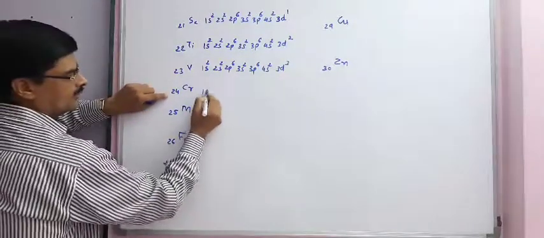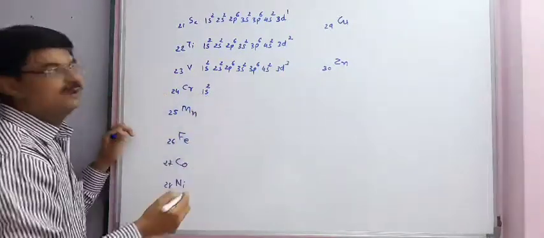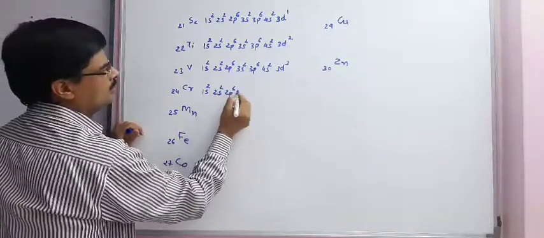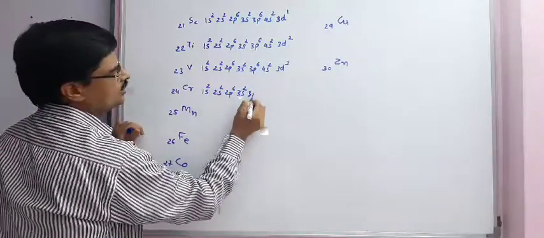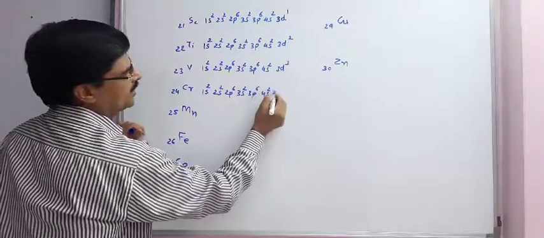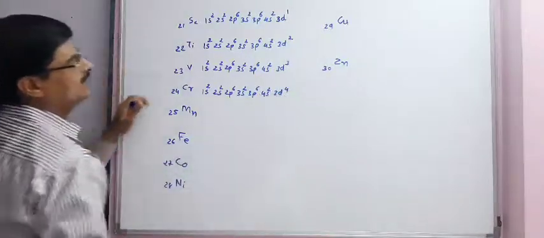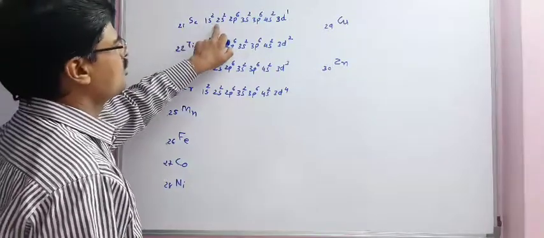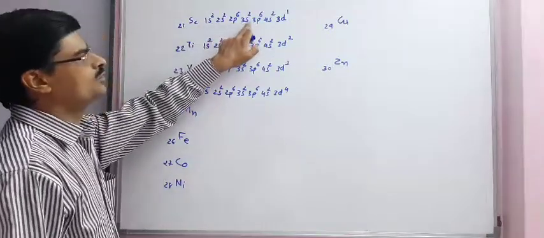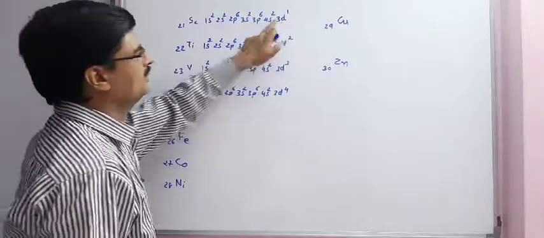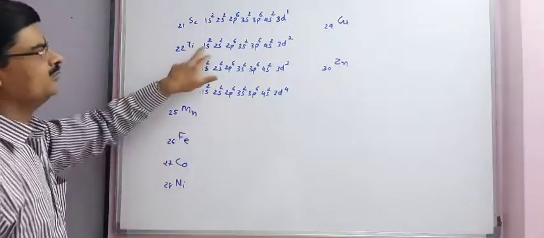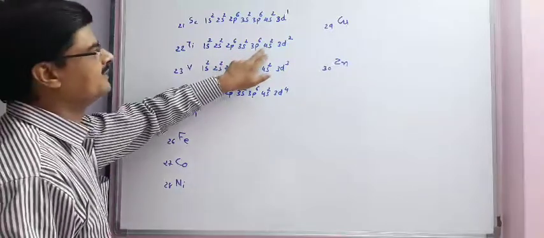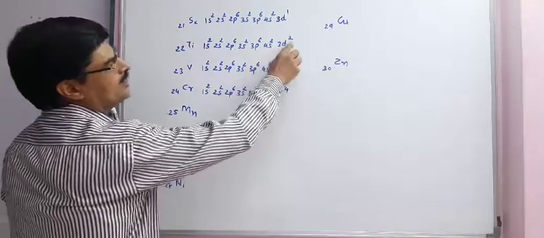For chromium 1s2, 2s2, 2p6, 3s2, 3p6, 4s2 and 3d4. Once more we understand scandium 1s2, 2s2, 2p6, 3s2, 3p6, 4s2, 3d1. And in titanium 1s2, 2s2, 2p6, 3s2, 3p6, 4s2 and 3d2 electrons.